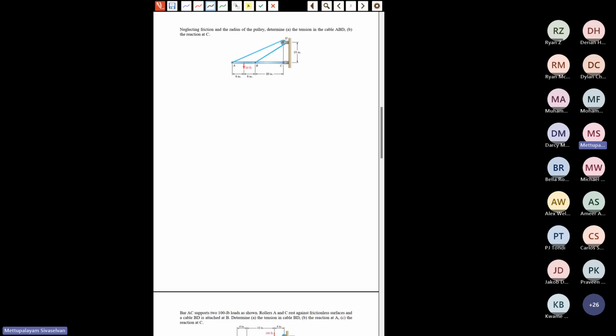All right, so here, this pulley is frictionless, so the tension here and here are equal, and there's a pin here. We want to find out what that tension is and what the reaction in that pin is, okay? So what's the free body diagram I'm going to draw?